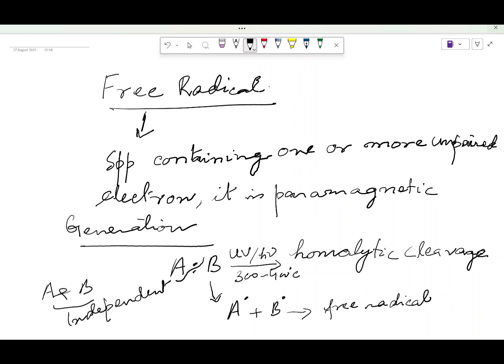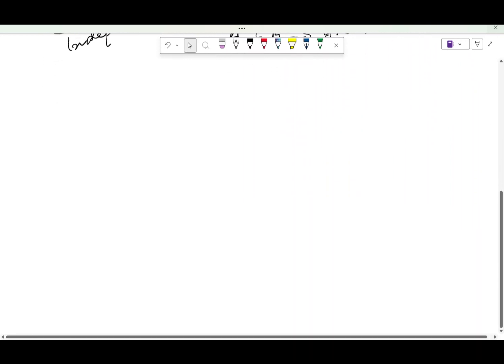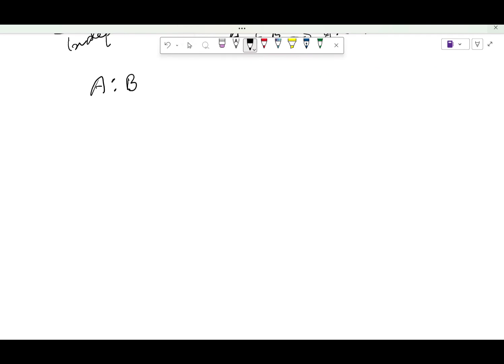Suppose you are dealing with A and B, and B is more powerful, more electronegative.